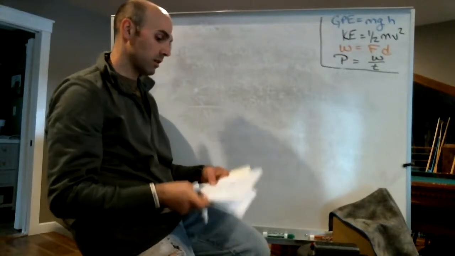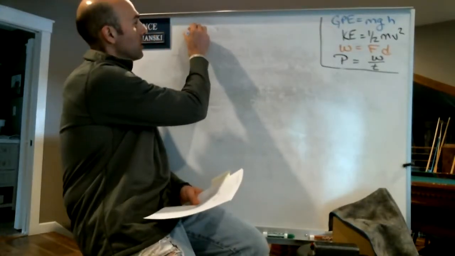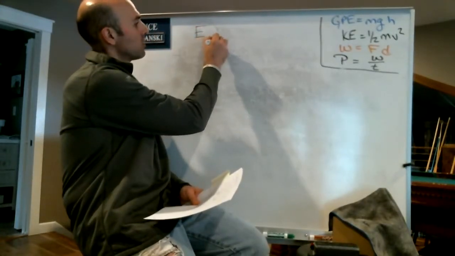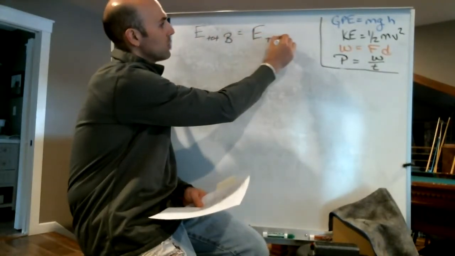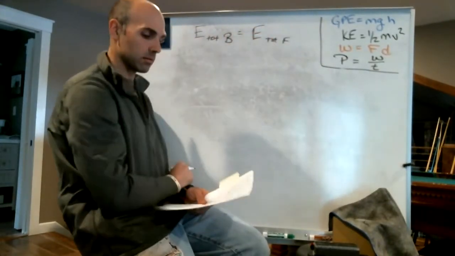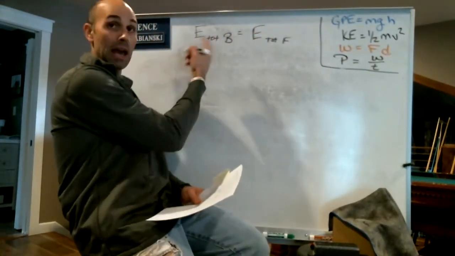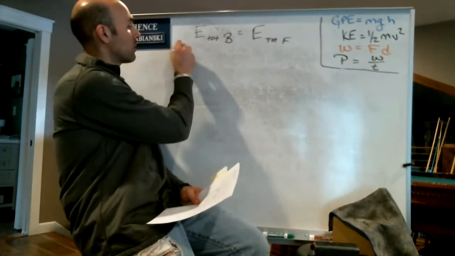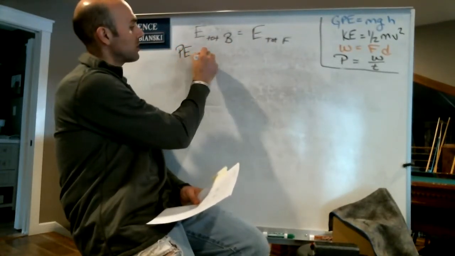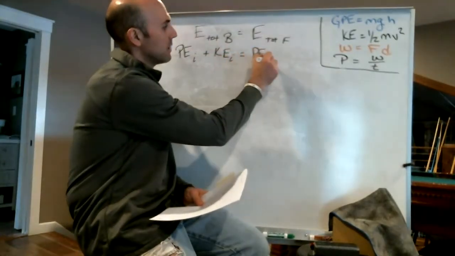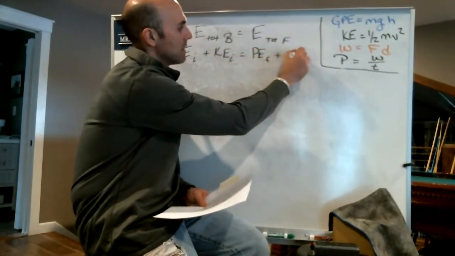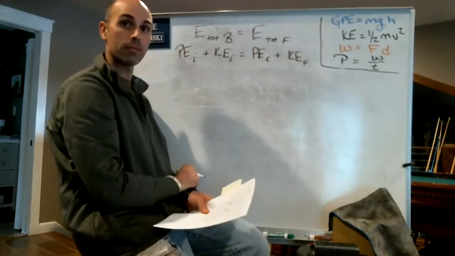So all the energy total before must equal all the energy total final. Energies are PEs and KEs. So PE initially plus KE initially equals PE final plus KE final.